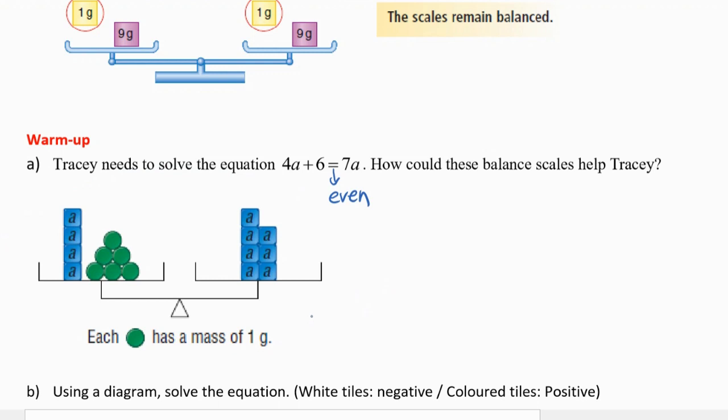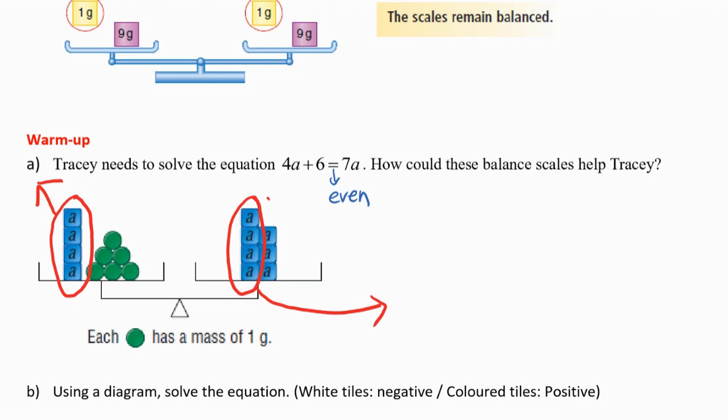Okay, again everyone, whatever you do on one side, you have to do the same thing on the other side. Say I'm taking away 4 a's from this side. Then you have to do the same thing. You're taking away 4 a's from the right-hand side.